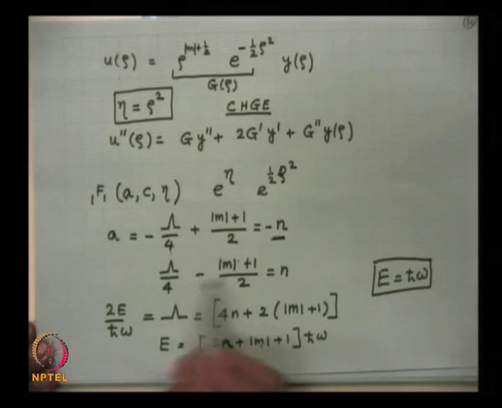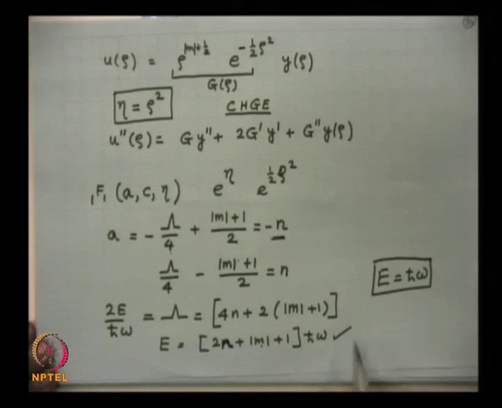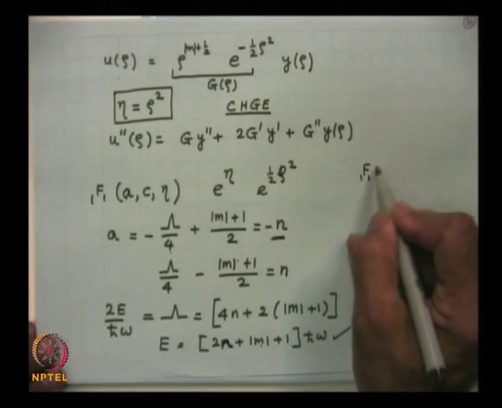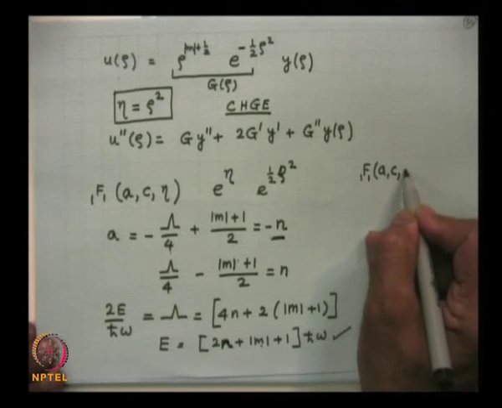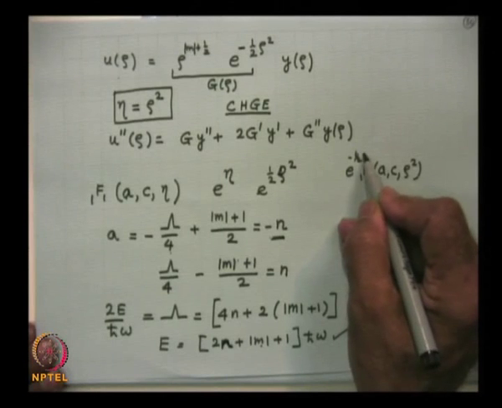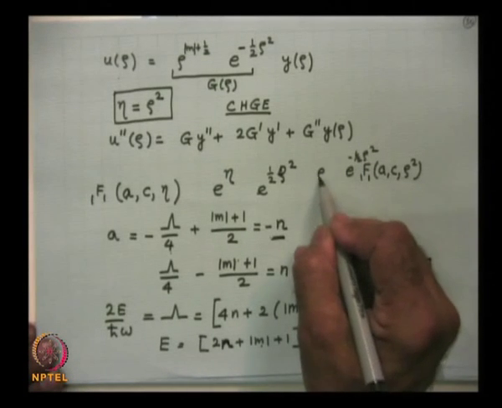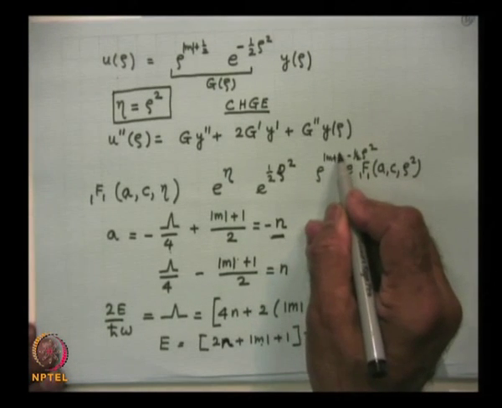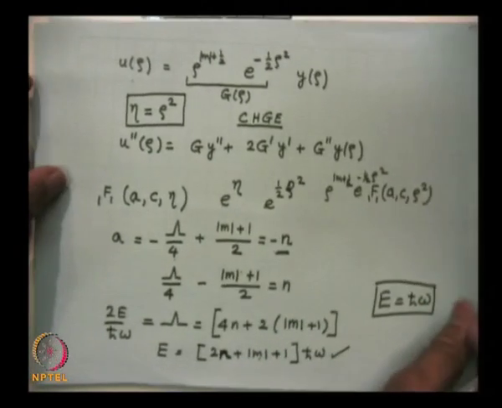And so, therefore, these are the eigenvalues of the problem, and the eigenfunctions can be written down in terms of the confluent hypergeometric function a, c, rho squared, times e to the power of minus half rho squared, times rho to the power of |m| plus half. Let me write it down clearly.